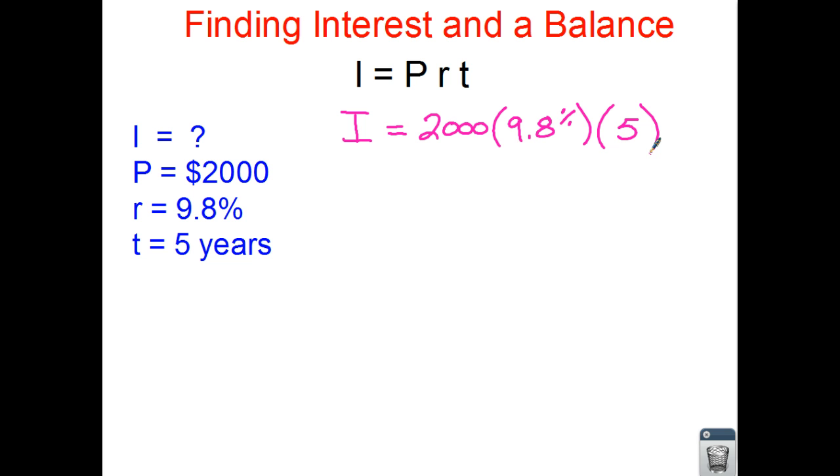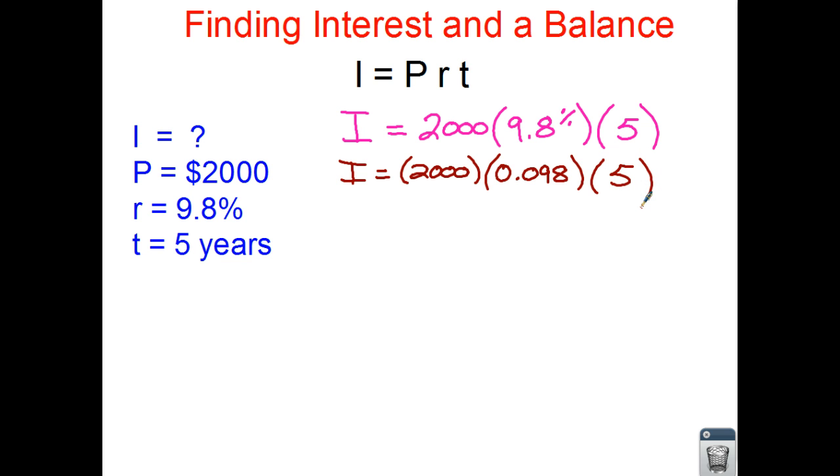And I think we're going to make an alteration to this percentage. So let's turn the percentage into a decimal before we begin any of our work here. So I is equal to 2,000 multiplied by 98 thousandths multiplied by 5.